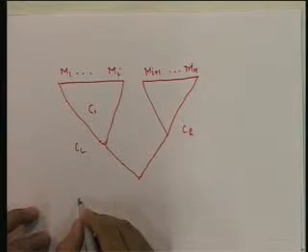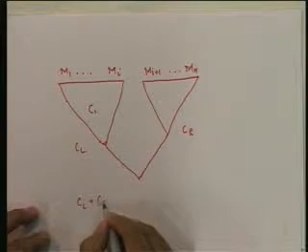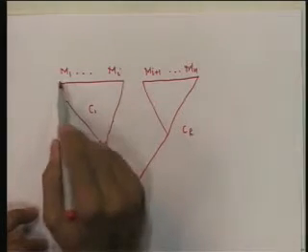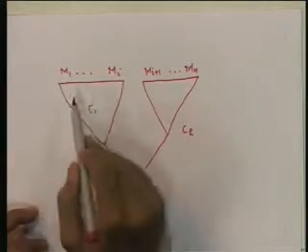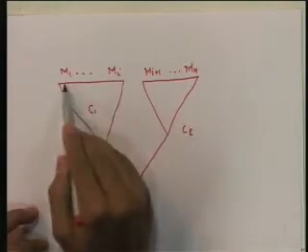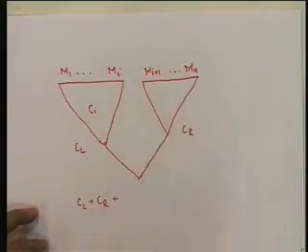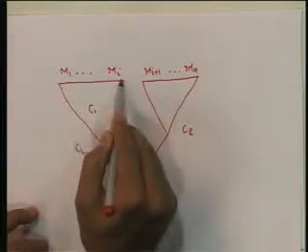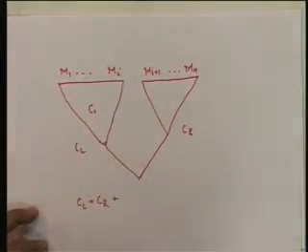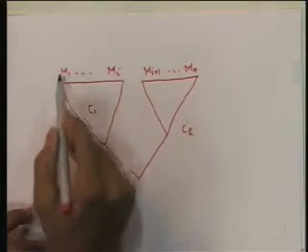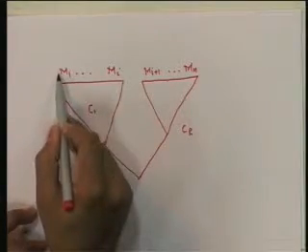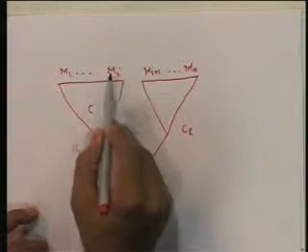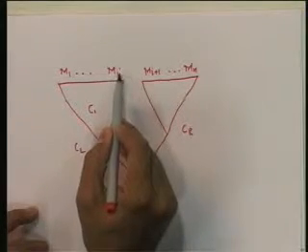Well, the cost is going to be CL plus CR plus computing the product of these matrices with the product of these matrices. But what is the dimension of the product of these matrices? That is simply the number of rows in this matrix, which is D0, times the number of columns in this matrix.